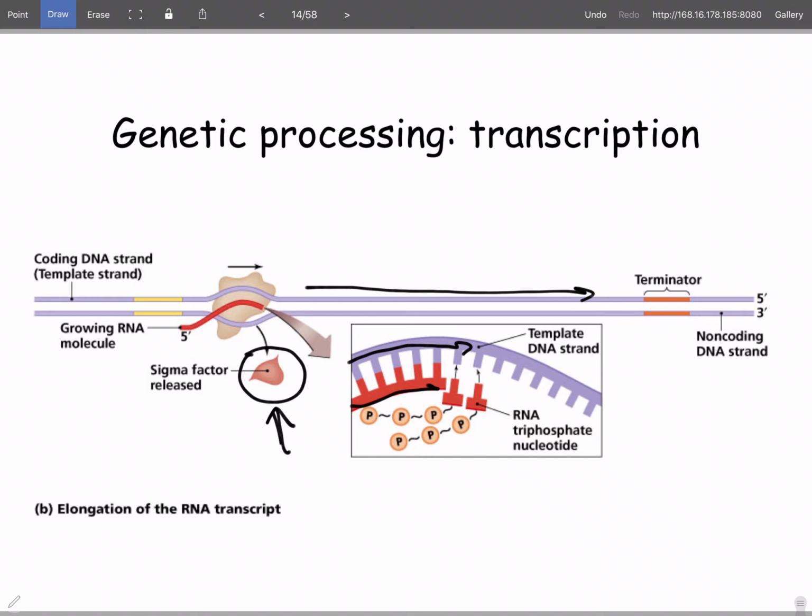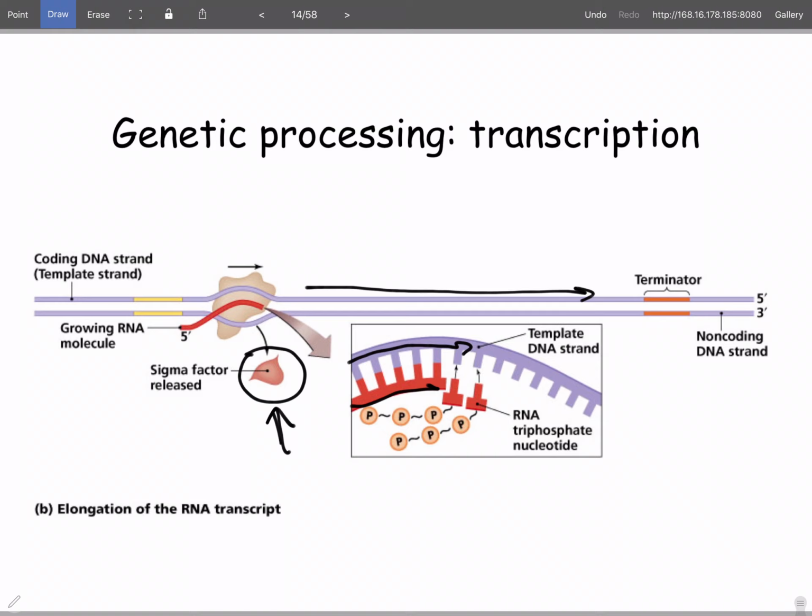In eukaryotes, it's a little more complex. If you guys have taken molecular biology or will take molecular, you'll talk about the more complex processes that occur in eukaryotic systems and a cascade of transcription factors. And oftentimes the concentration of transcription factors will allow certain genes to be transcribed at given points in time or in given parts of the cell.